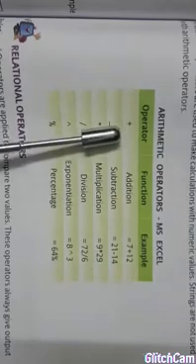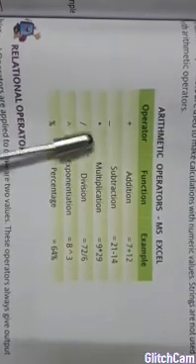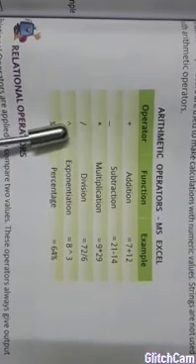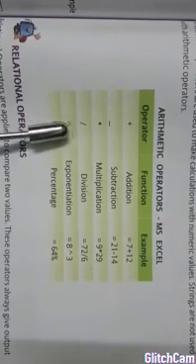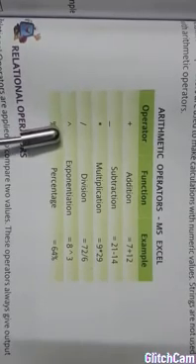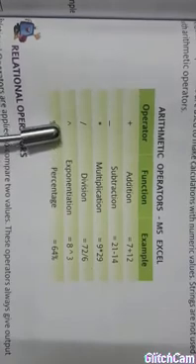So this plus sign is for addition, minus sign for subtraction, this asterisk sign is for multiplication, this forward slash is for division, and this symbol, which we also know as caret, is for exponent.